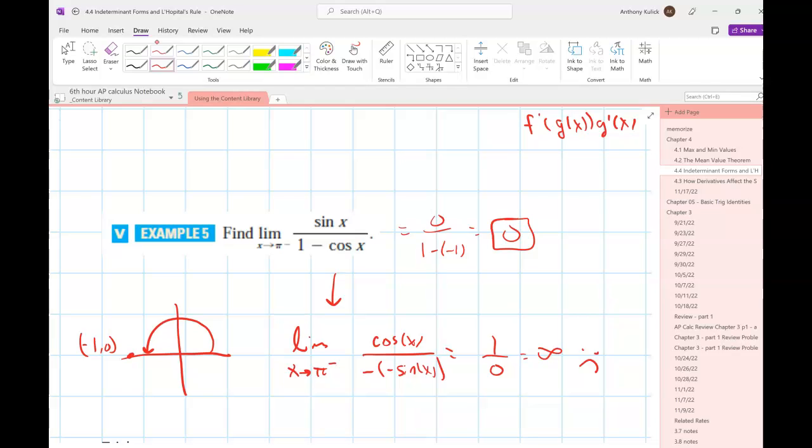Oh, sorry. It's negative infinity. But anyways, wrong answer. Right? So if you accidentally L'Hopital something that is not indeterminate, you will get the wrong answer. Okay?